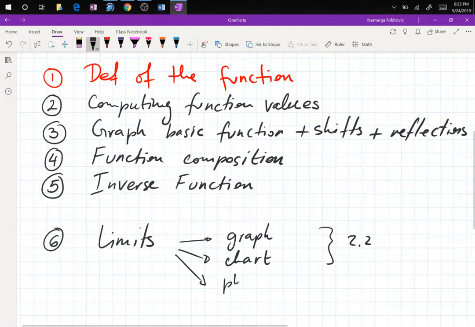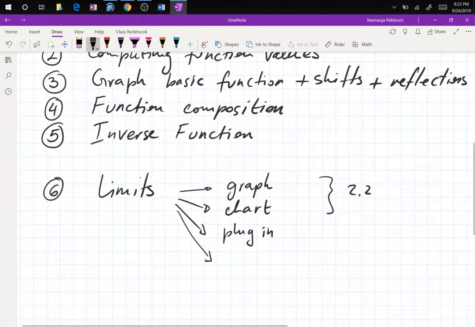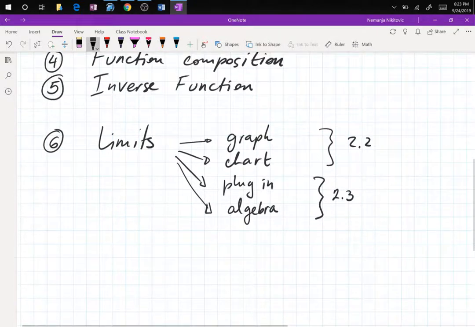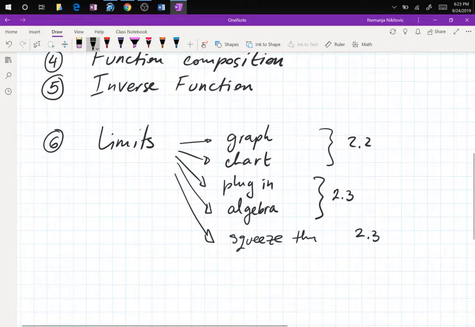Then we can do plug-in if the denominator is not 0, and algebra if the denominator is 0, and those would be 2.3. Then we have the squeeze theorem, also 2.3.